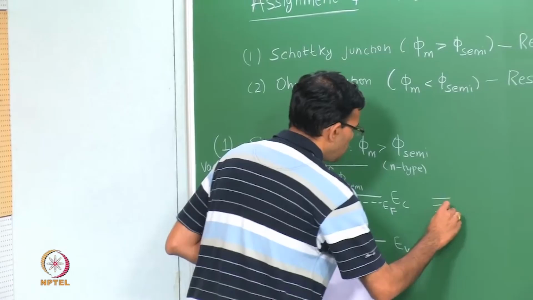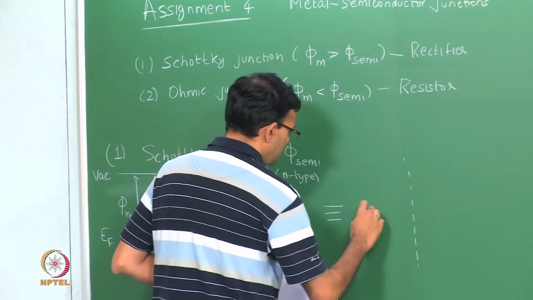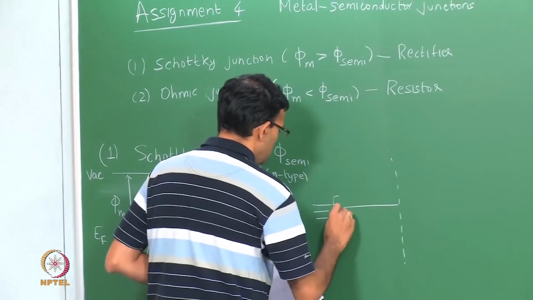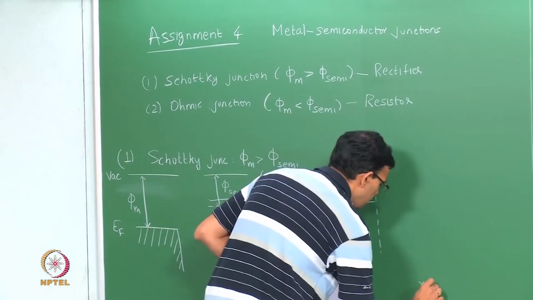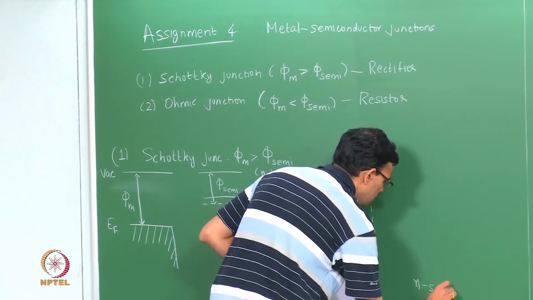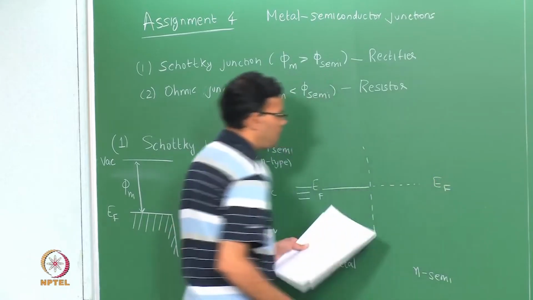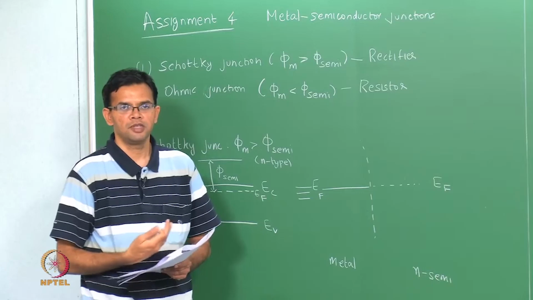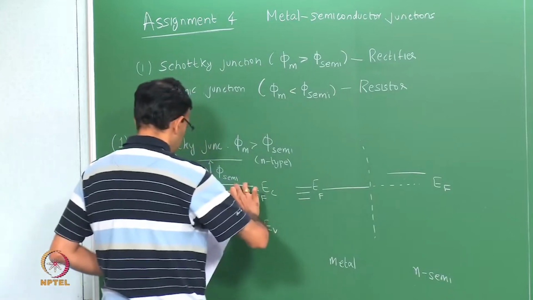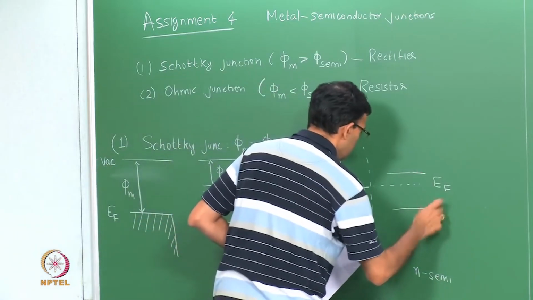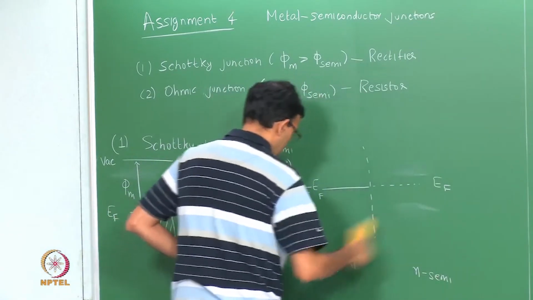So, if you were to draw this under equilibrium, I will just mark my junction. This is EF. So, this is my metal side and this is the N type semiconductor. This is the EF of the semiconductor. So, far away from the junction, the semiconductor will still be N type. So, let me draw the bands slightly closer.